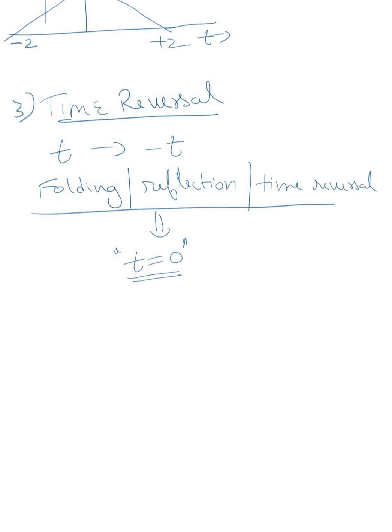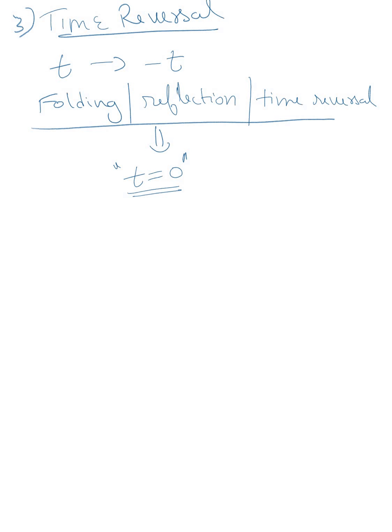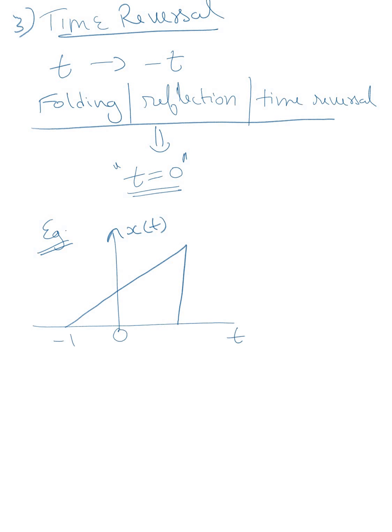Let us understand this transformation with the help of an example. Let's say we have a signal x of t, something like this, any continuous time, arbitrary. Let us mark these points 1 and 2.